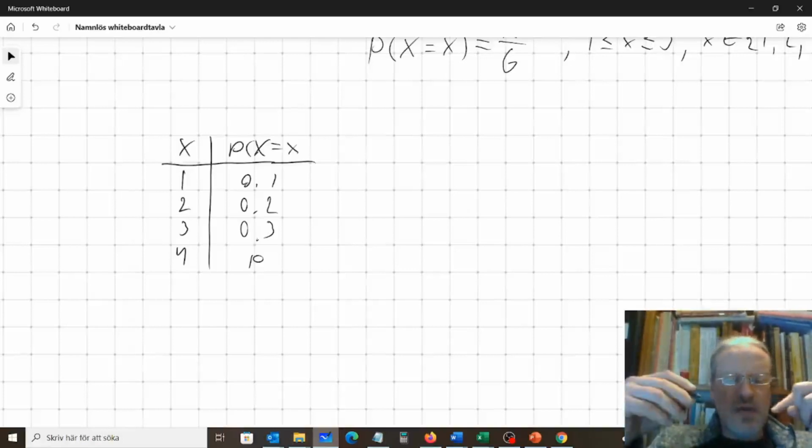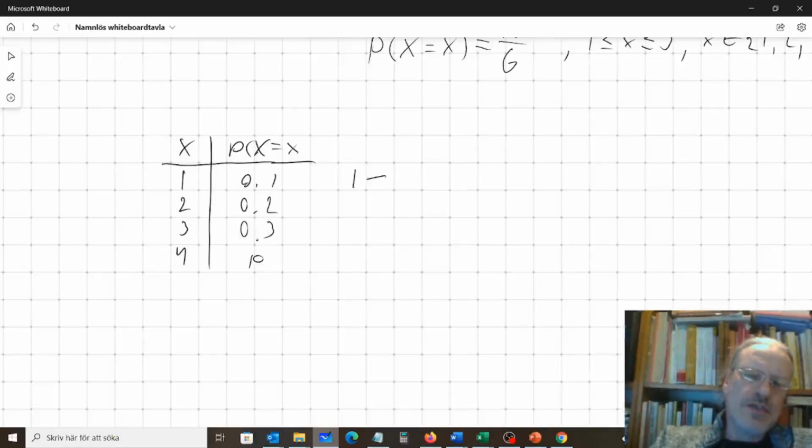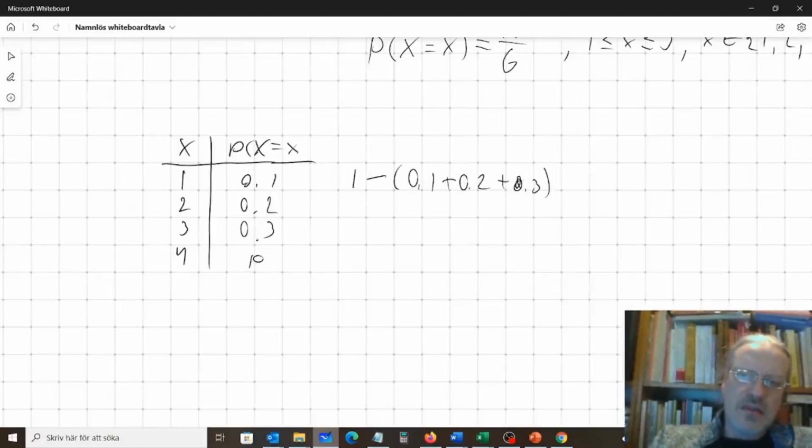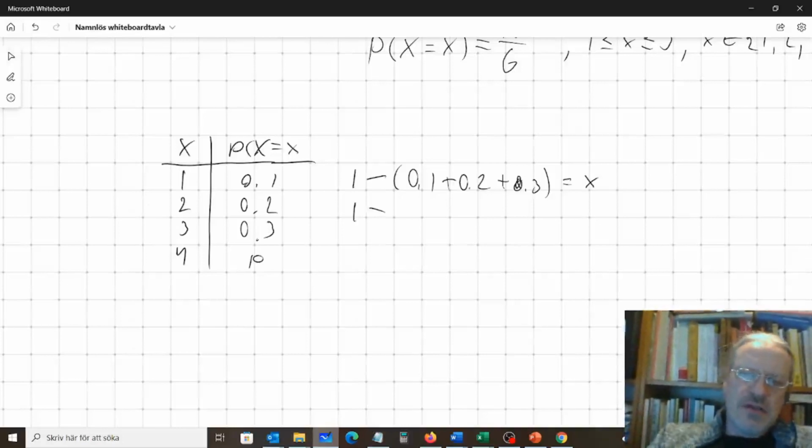And of course we know that the sum of probabilities should always be 1. So we know that 1 minus these, so 0.1 plus 0.2 plus 0.3, should be equal to p, right? Because we add up all the probabilities to be 1. So this will be 1 minus 0.6 equals p equals 0.4.